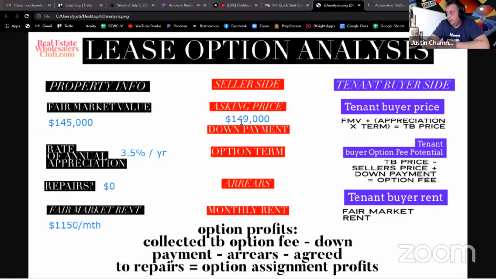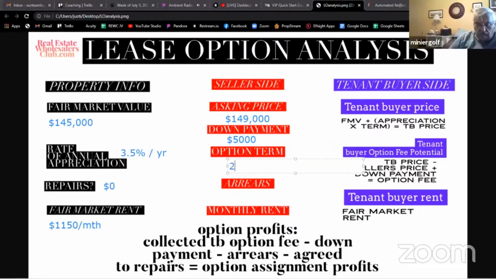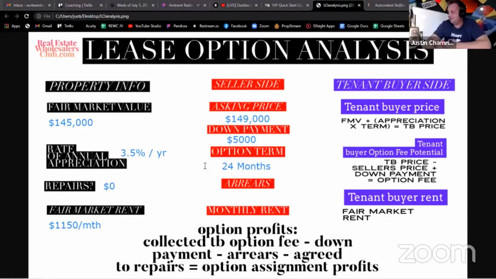Not bad. Not really very far off from fair market value, but a little more. So, it happens. Okay. Down payment, $5,000. Option term, I don't know what that was, but I like it.